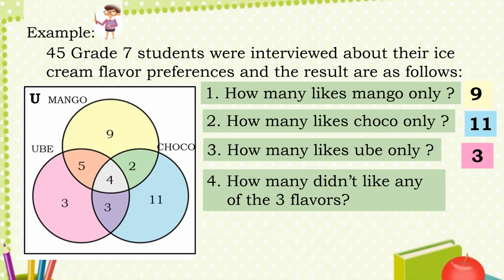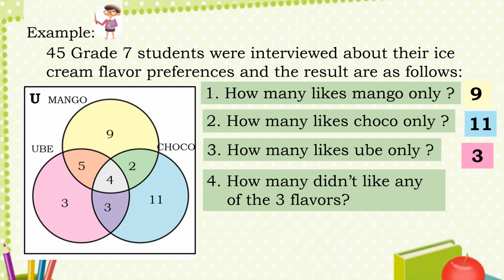Next, how many didn't like any of the 3 flavors? So, these are the cardinal numbers. As you can see, these are the cardinal numbers who like mango. These are the cardinal numbers who like choco. These are the cardinal numbers who like ube.